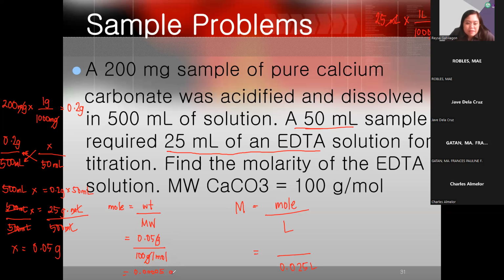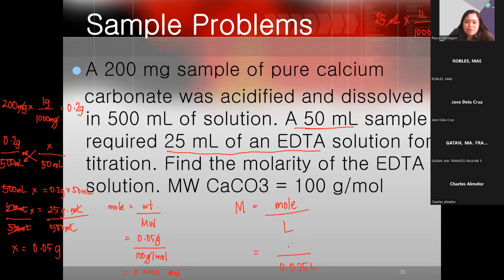0.0005 mole. I hope you can still see it. I hope also na nasundan yon. So since meron na tayong moles, we can proceed now in the computation of molarity.